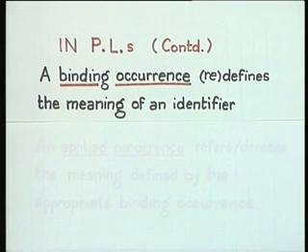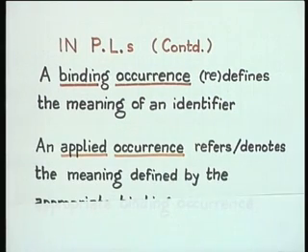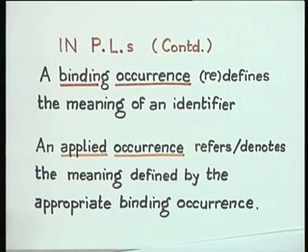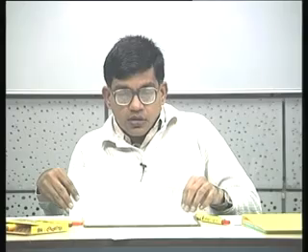Identifier is the more common term, and an applied occurrence just refers or denotes the meaning defined by the appropriate binding occurrence, right. In general, the semantics of the language should actually specify what is a binding occurrence and what is an applied occurrence.